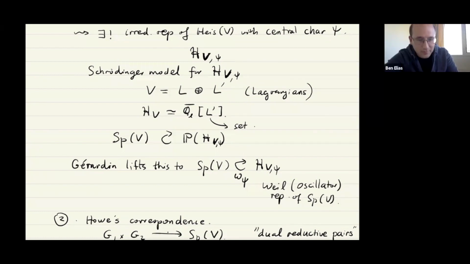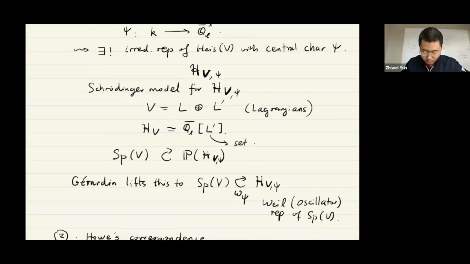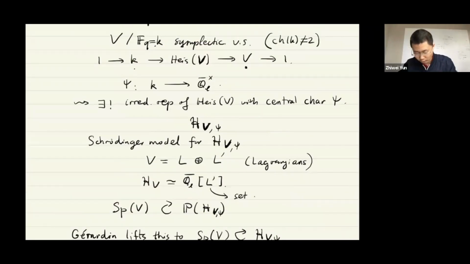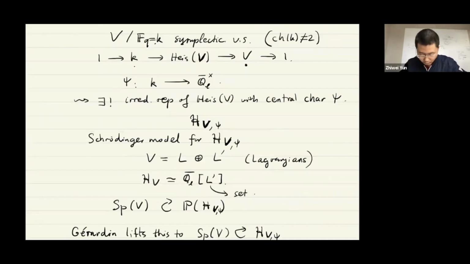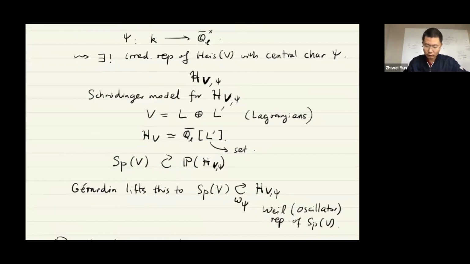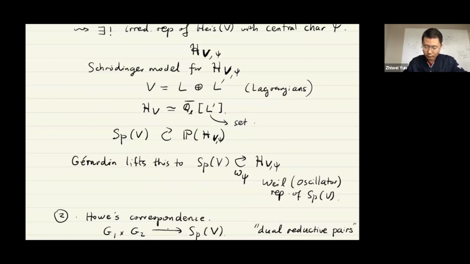So the interesting feature, or what makes this more difficult than some other representations, is that this model only allows you to see part of the symmetry. Because you've chosen a Lagrangian, it's easy to figure out how part of the symplectic group acts on this model. But to see how other elements act, you need to work with a different model.